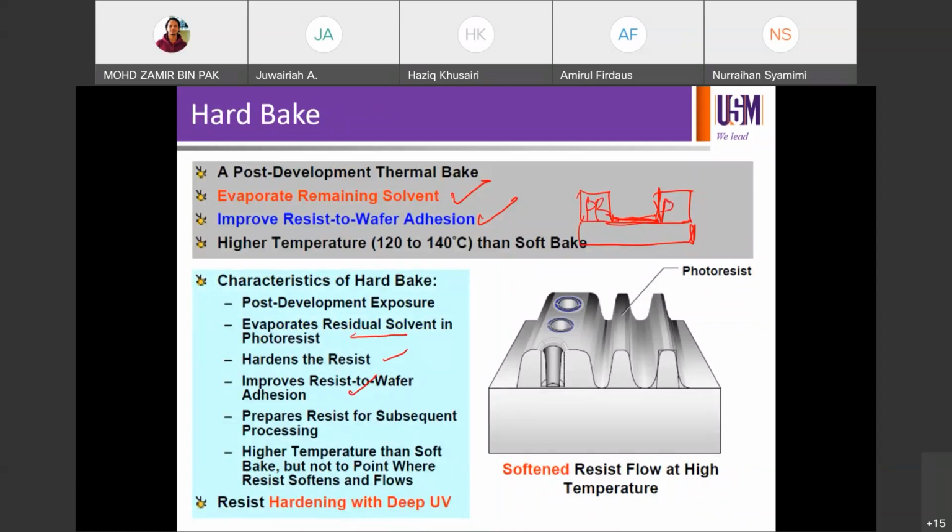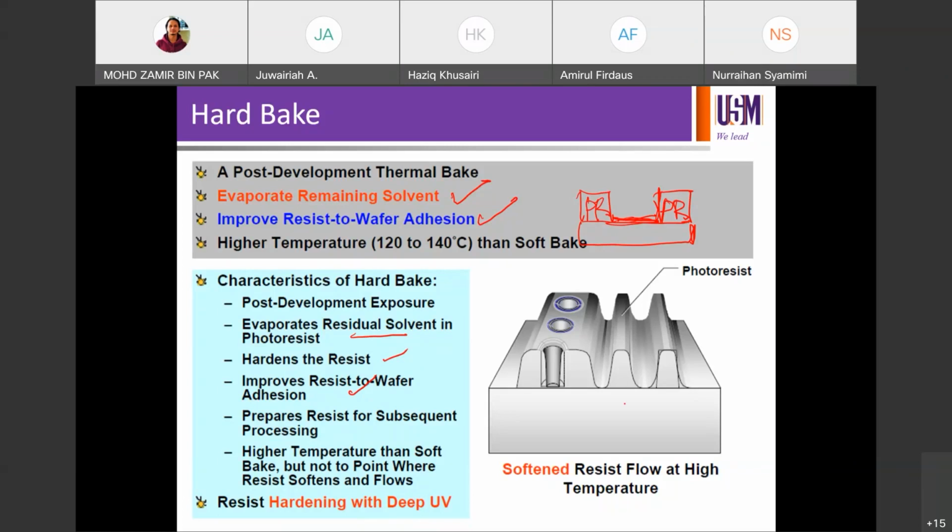You still have to do something to make sure that the patterns are strong on the silicon wafer. Prepares resist for subsequent processing, higher temperature than soft bake, but not to the point where resist softens and flows. So dia tak boleh exceed certain temperature so that you don't damage the quality of the resist.